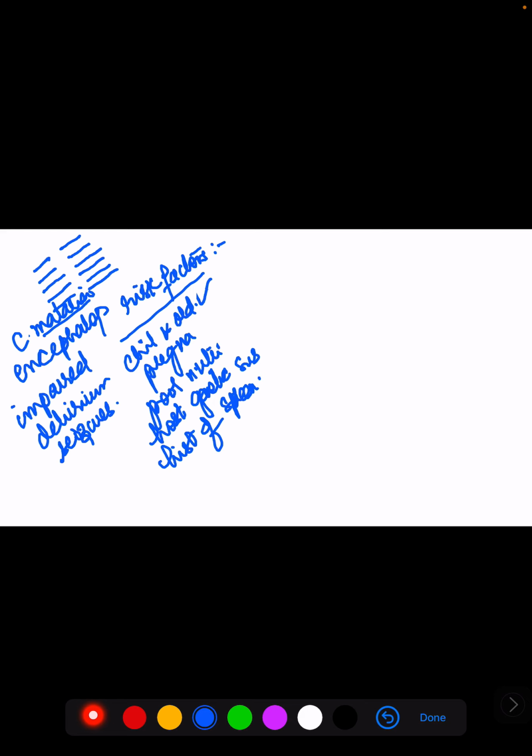So these are the risk factors. Cerebral malaria is an encephalopathy with impaired consciousness, delirium and seizures.